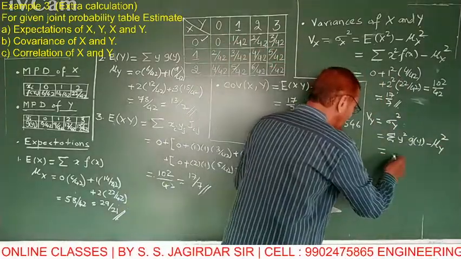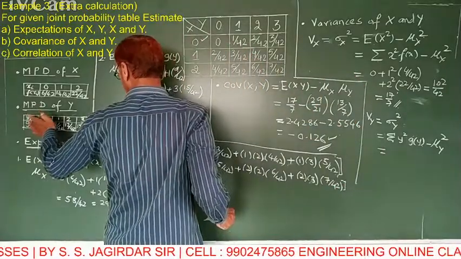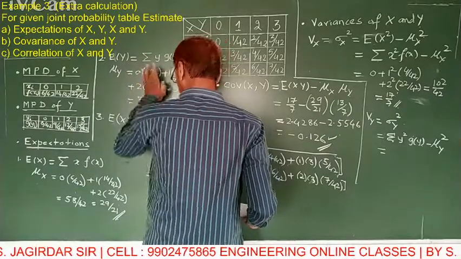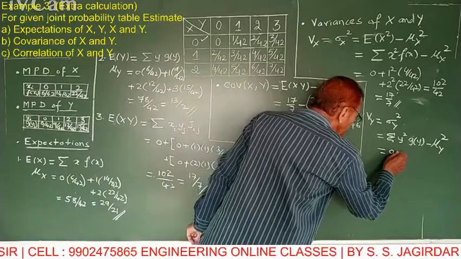When you take this up, you have to take the y values one by one, and take their squares. Here you had taken only the direct value, but you have to repeat with squares. 0 square is 0, so forget it.